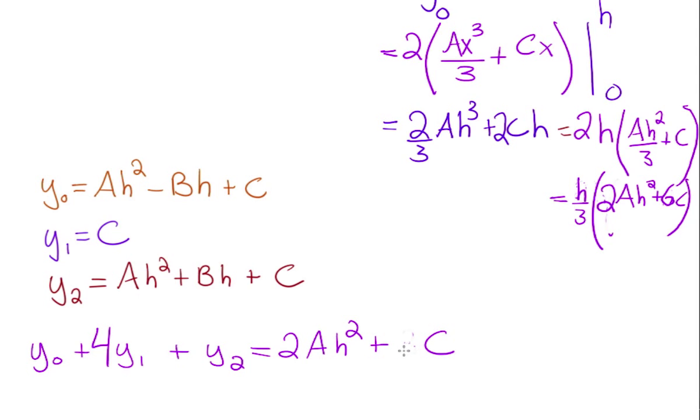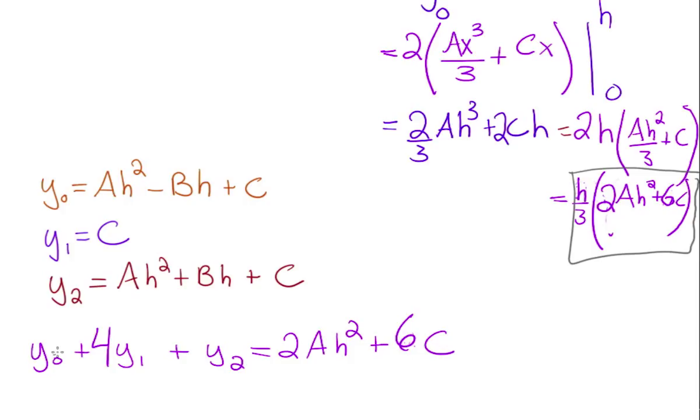So the whole point of this exercise is that we're trying to find this value, right? How do we find that in terms of all the y's? That's what we're trying to find.